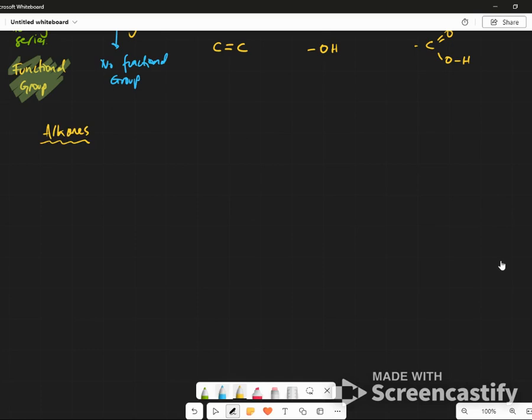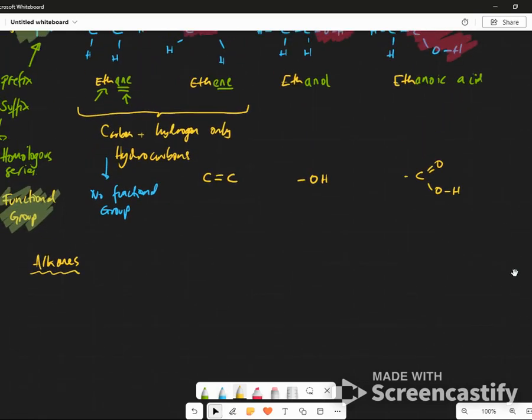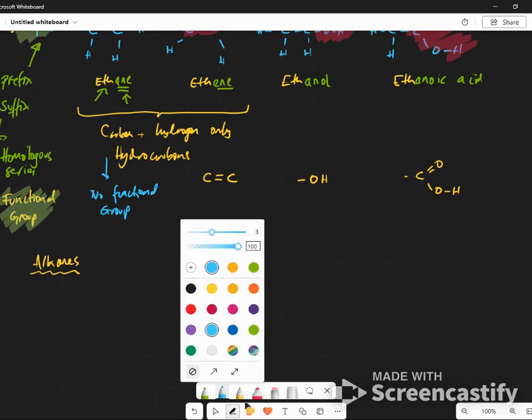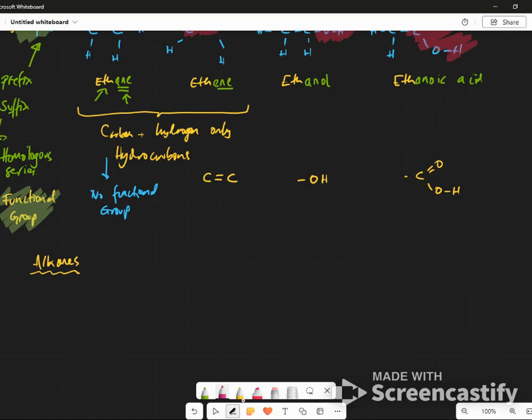Alkanes, as we say, oh, by the way, there's something I should mention here, and I forgot to because it's important. Okay, so let's get a nice color, this purple color. If it's got a double bond, it's called unsaturated, and if it hasn't got a double bond, it's called saturated.